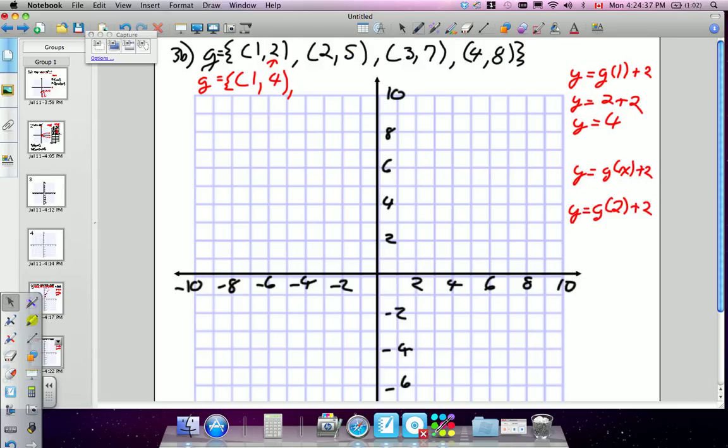Well, when g is at 2, our y value is 5. So we plug the number 5 in for g at 2. Now we have 5 plus 2, so our new y value is 7. So essentially we have 2 and 7. And if you notice, all that's going on right now is we're shifting the y value up 2 spots. So this has gone up to 4, this has gone up to 7. What's our next y value going to be?